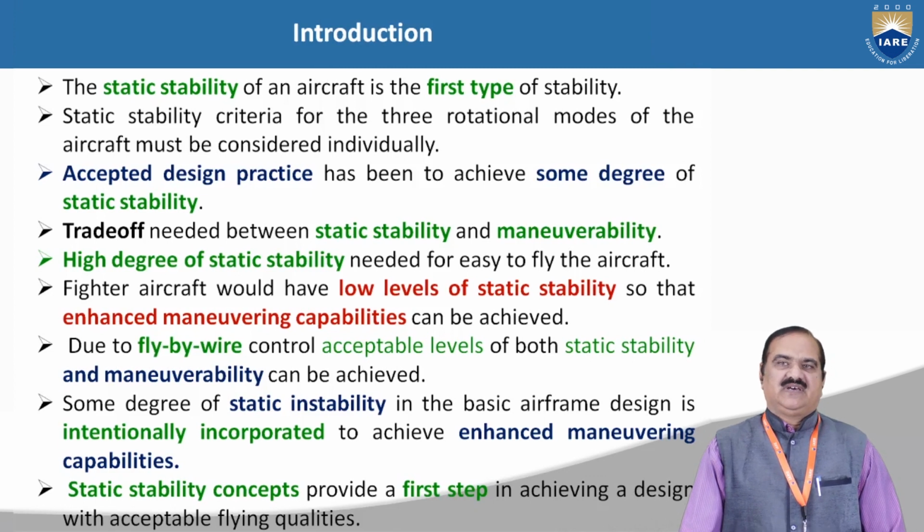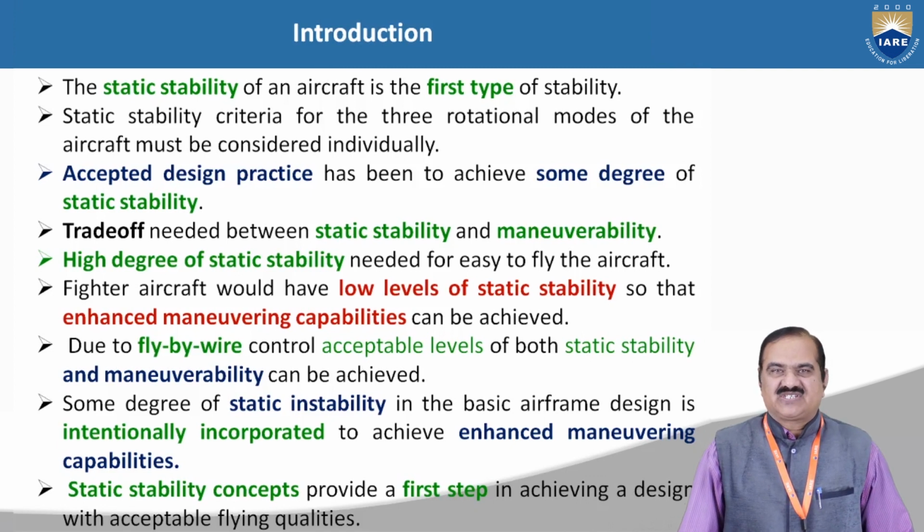In this lecture, the static stability of an aircraft is the first type of stability. As I have already explained in the previous class, we have static stability and dynamic stability. To be dynamically stable, an aircraft first should be statically stable.